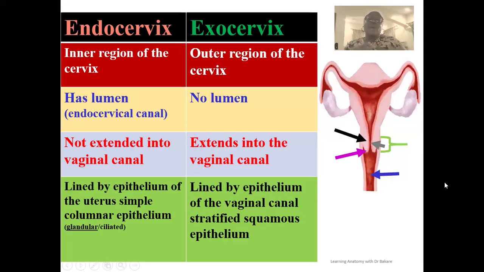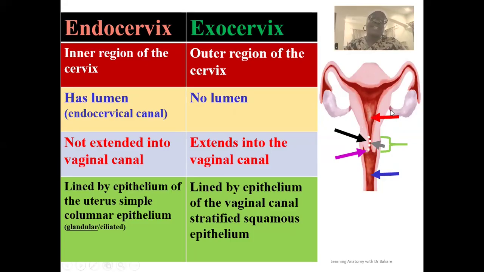Another difference between the endocervix and the ectocervix is that the endocervix is lined by a simple columnar type of epithelium. If we look at this upper image here, this is the region where we have the endocervix at this upper end. And if you look at the mucosal lining of this region, you see that it is lined by a simple columnar type of epithelium, because it is seen to be continuous with the epithelium lining the body of the uterus.